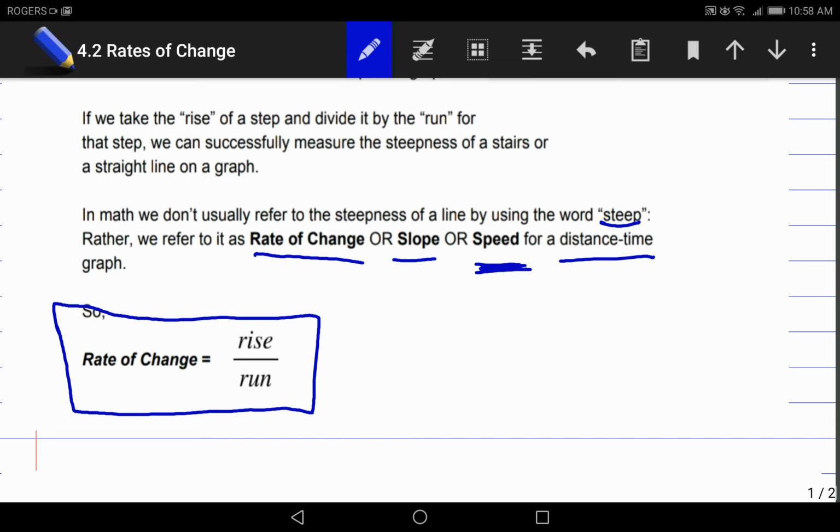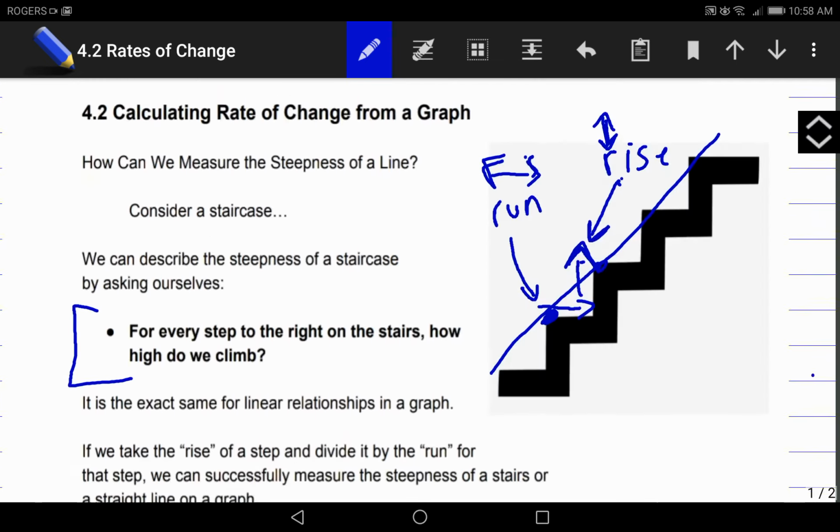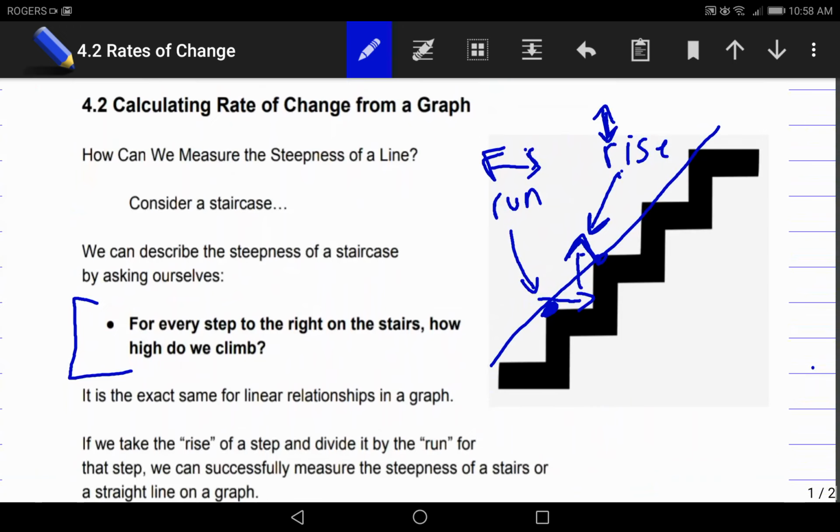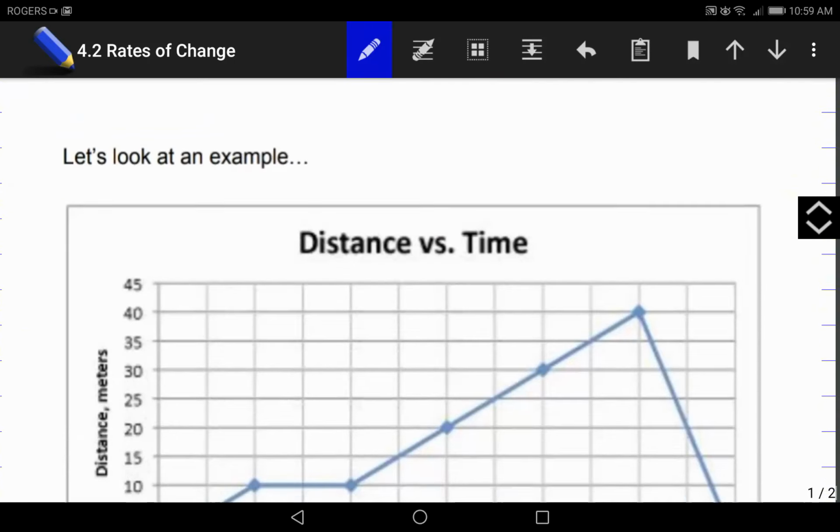We are going to calculate it by doing rise divided by run. If I go back to that staircase, we're going to pick 2 points and find the run distance, or the horizontal distance between the points, and then the vertical distance between the points, or the rise.